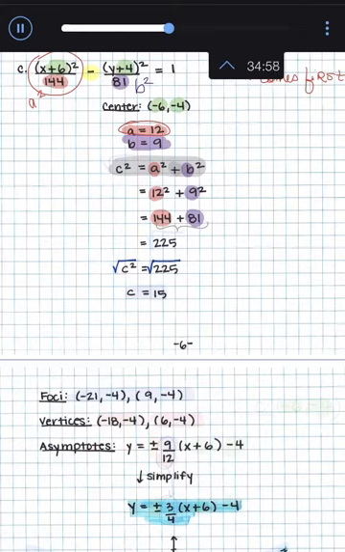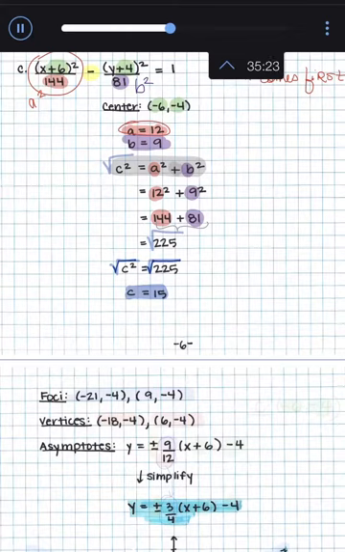As a warning, that is our c squared, not our c. We still have to find c by taking the square root of both sides of the equation. Luckily, the square root of 225 is a nice number, though. It is exactly 15. So now we have a, b, and c.